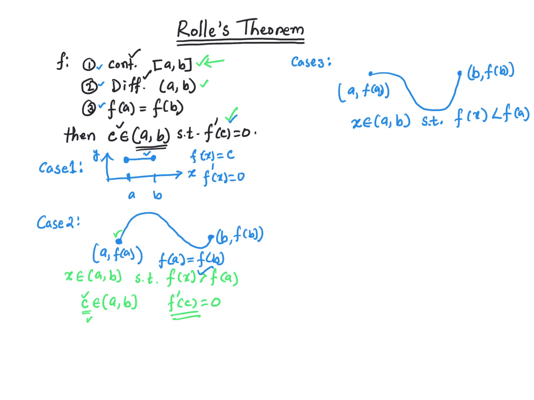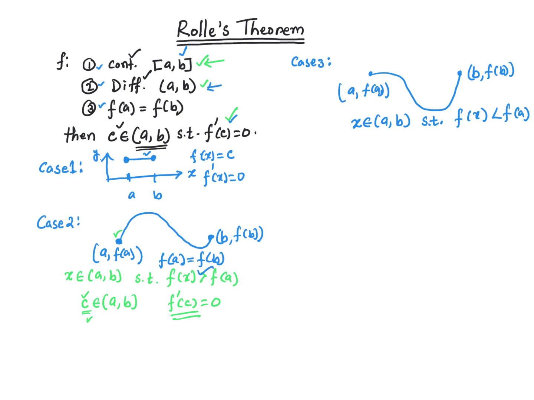Then again, by the extreme value theorem, there must be an absolute minimum because the function f is continuous on the closed interval AB. Therefore, there must be an absolute minimum somewhere between A and B, in the open interval.